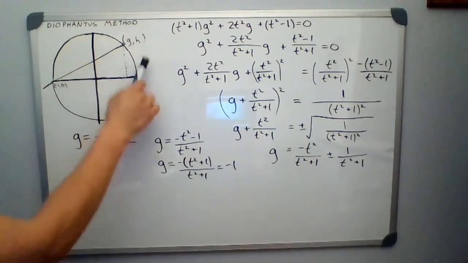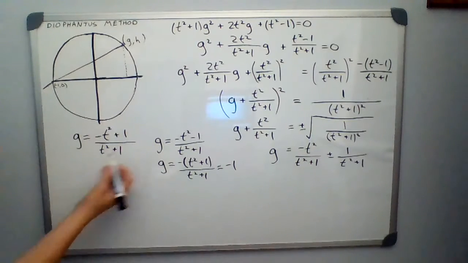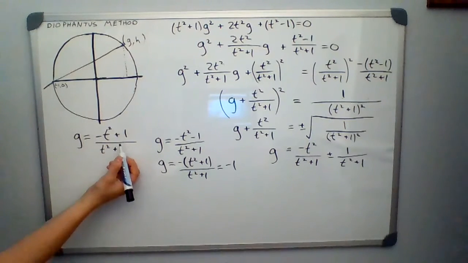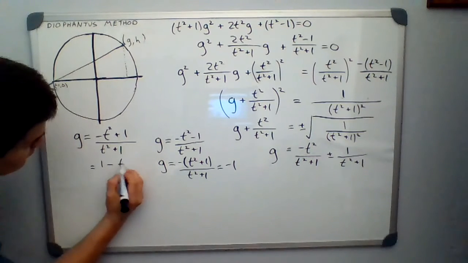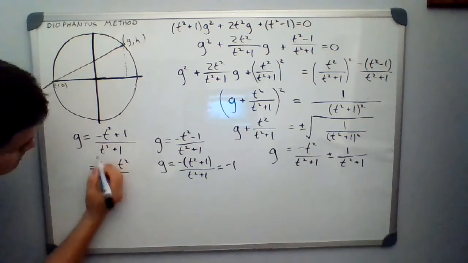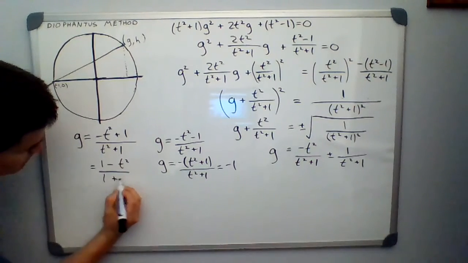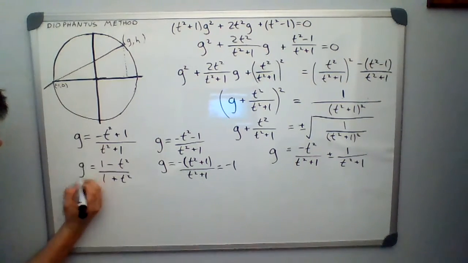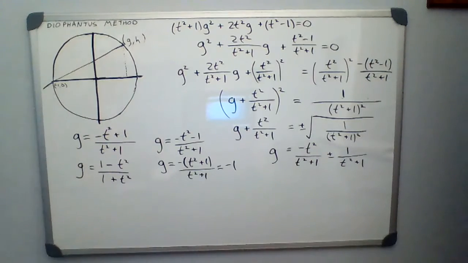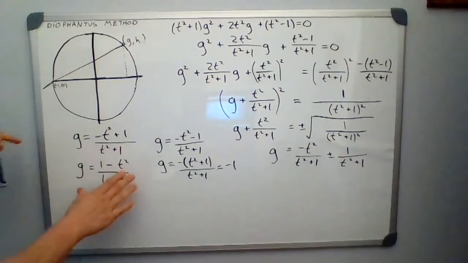But we're concerned with the answer over here, not that one. So this is the one we're interested in. This is 1 minus t squared over, I'm just going to flip it because it looks better, 1 plus t squared. 1 minus t squared over 1 plus t squared. That's what g is.